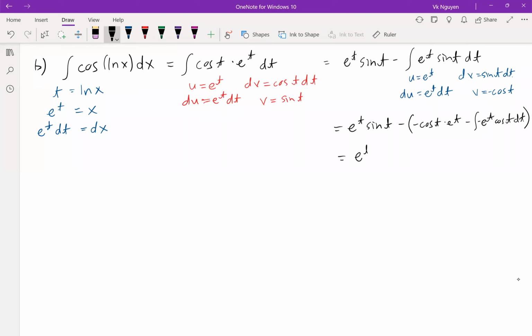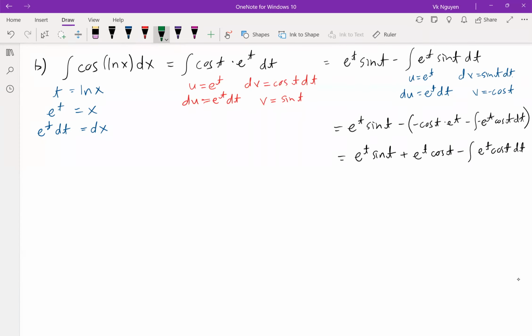And this gives us e^t sine t plus e^t cosine t minus the integral of e^t cosine t dt.